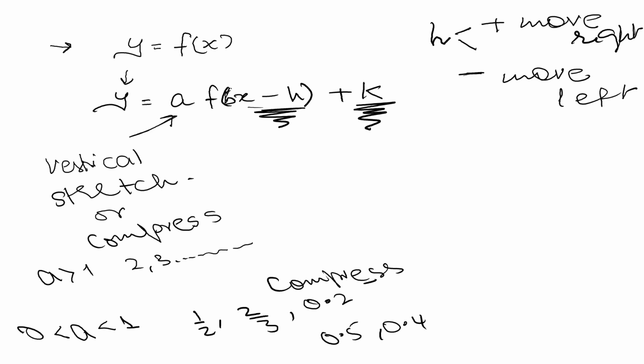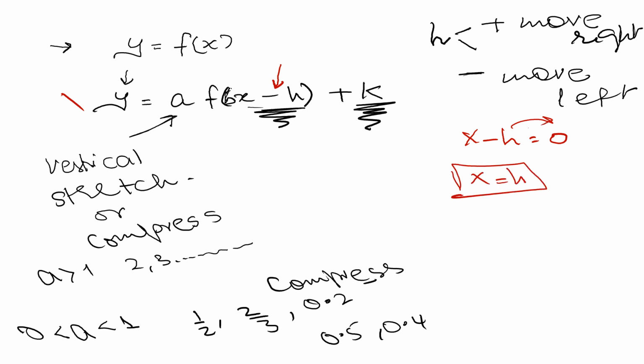But notice that in the formula there is already a negative sign: x minus h equals 0. If you bring the h over, it becomes x equals h.